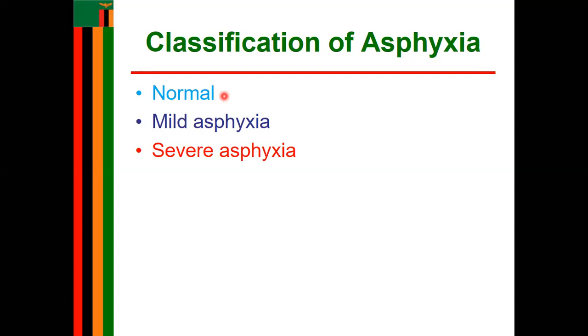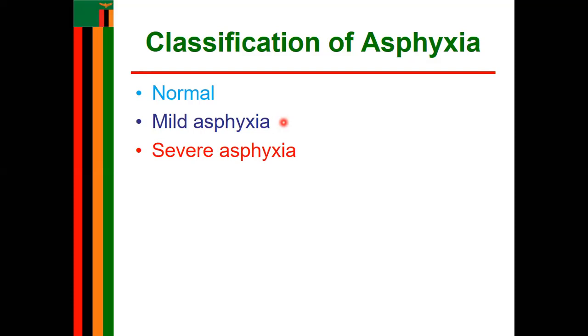So that is normal. But then when it comes to mild asphyxia, it has a score between 5 to 7. In terms of characteristics here, the heart rate is severely depressed. It may even range between 60 to 80 beats per minute. Apart from that, there is a short delay in onset of respiration.